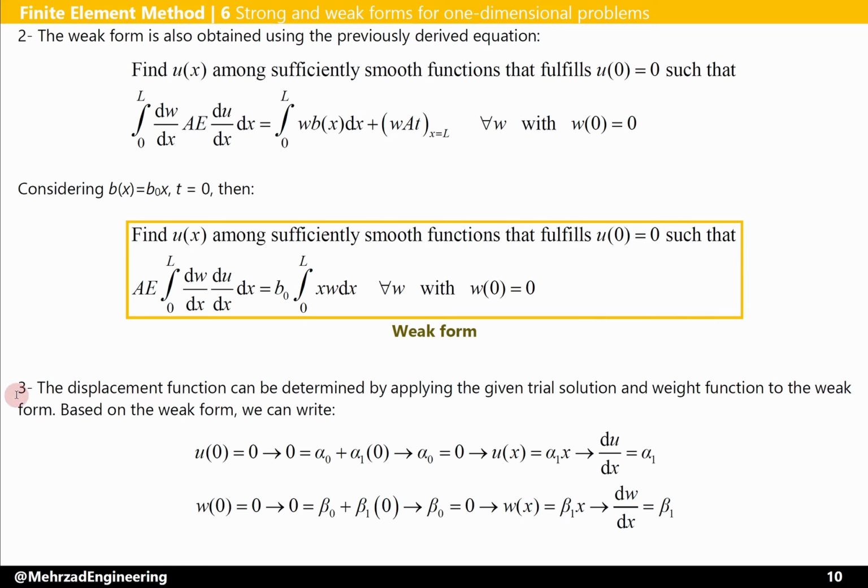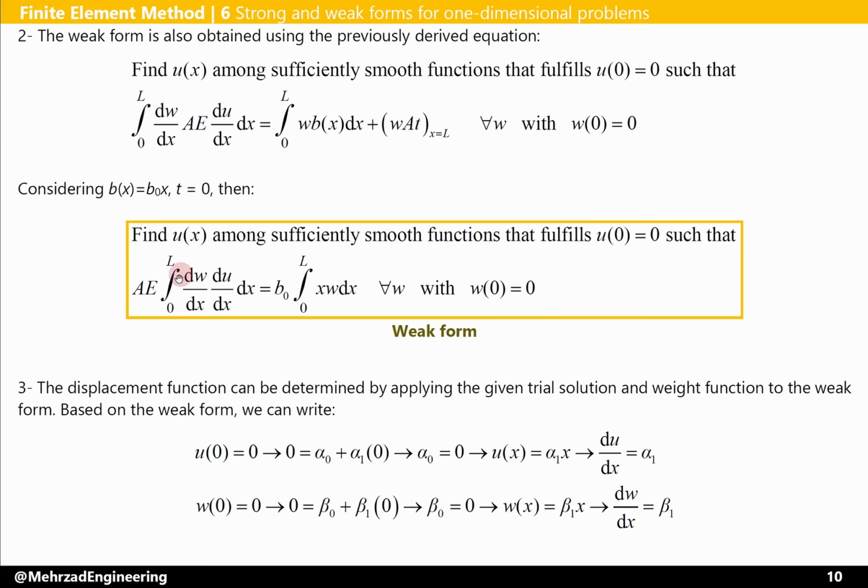The third step is finding the displacement function. The displacement function can be determined by applying the given trial solution and weight function to the weak form we have found here. If we refer to the weak form, we could see that u of 0 must be equal to 0 and w of 0 must be equal to 0.